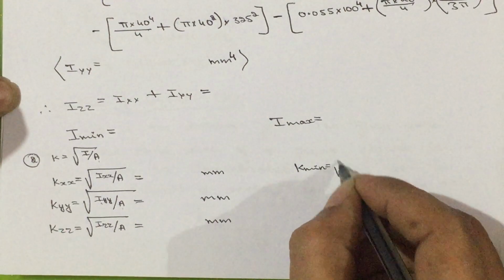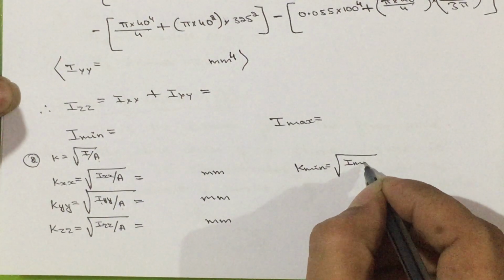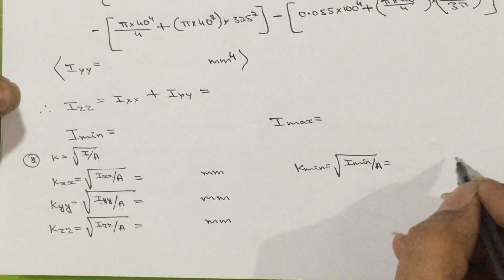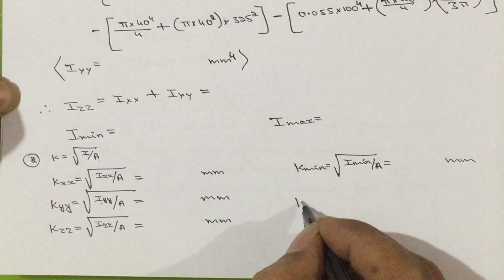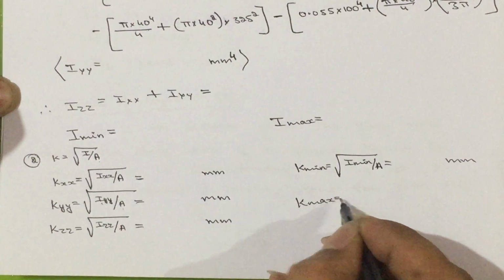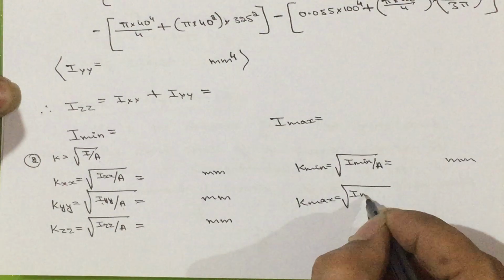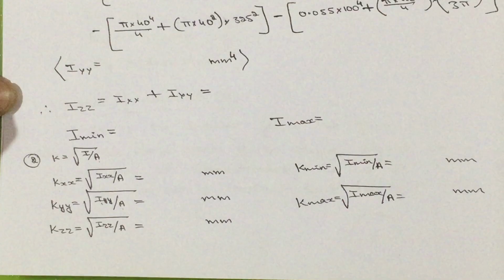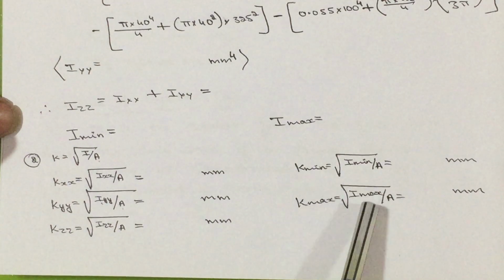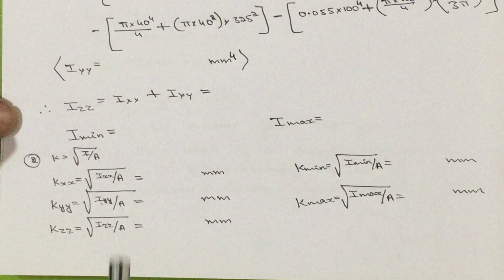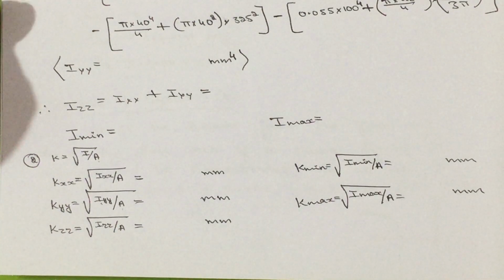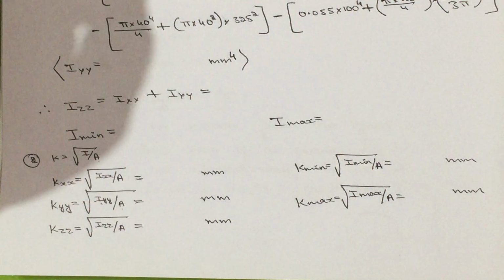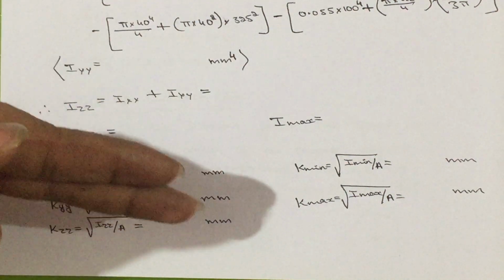K minimum is the square root of I minimum divided by A. Calculate, you will get it in mm. Then K maximum is the square root of I maximum divided by A. Ixx, Iyy, Izz, I minimum, I maximum we already calculated. The area I told you already how to calculate, that is according to the equation, 1 minus 2 minus 3 minus 4 in the present problem. So, you are going to get the k value.